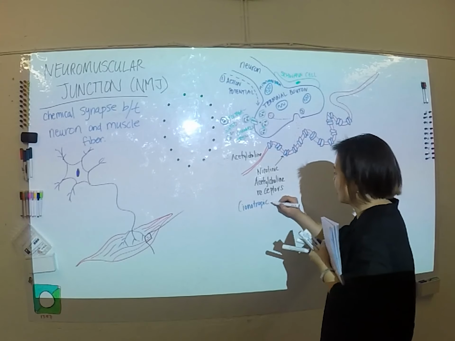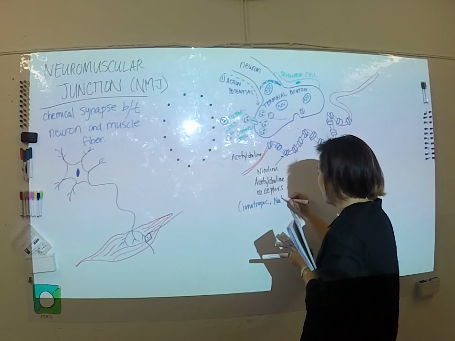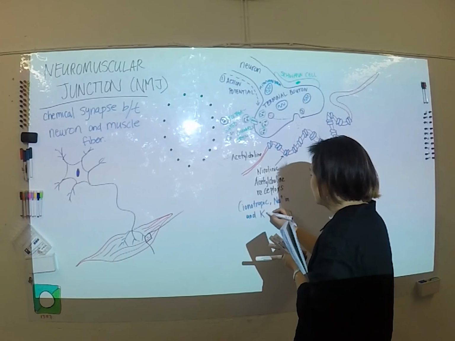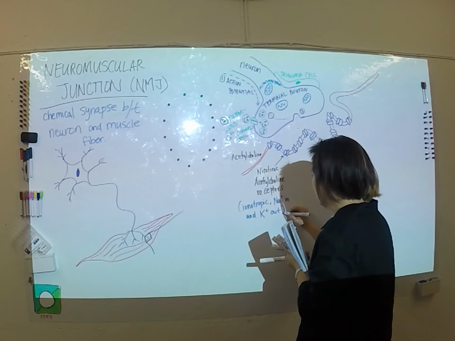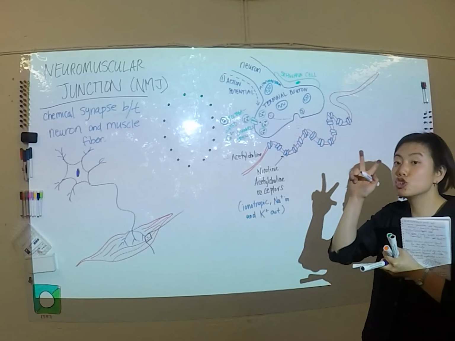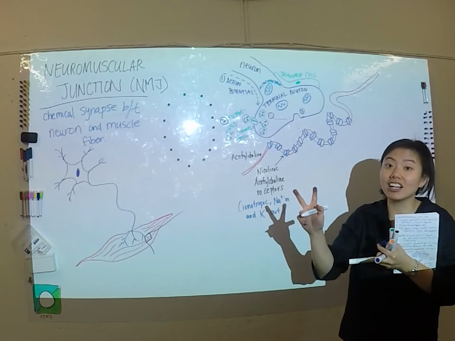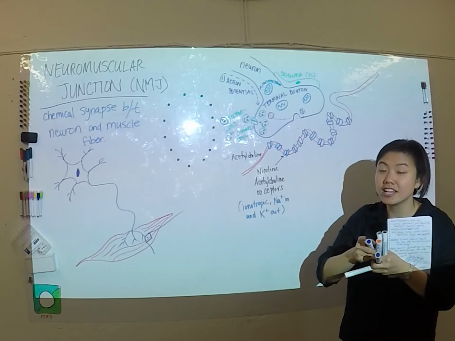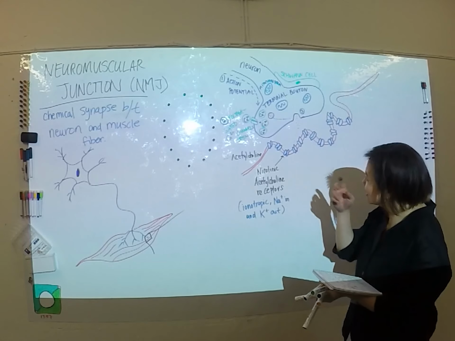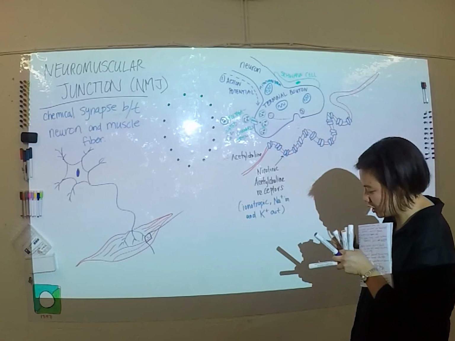So ionotropic, and it lets sodium in and potassium out. So this is a receptor that allows 2 different kinds of ions to pass through, okay? Sodium and potassium. All right, so that's step number 4.